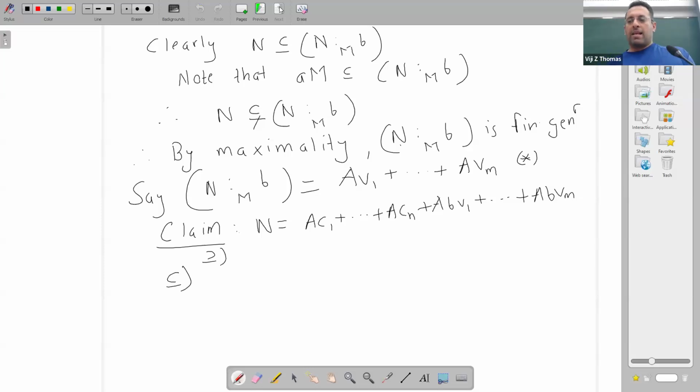So N is this. So okay, let's take Z belongs to N, but N is of course contained in N plus Bm. Okay, so that means what? Z can be written as a summation I equal to 1 to N lambda I Ui. Remember Ui were the generators of N plus Bm.